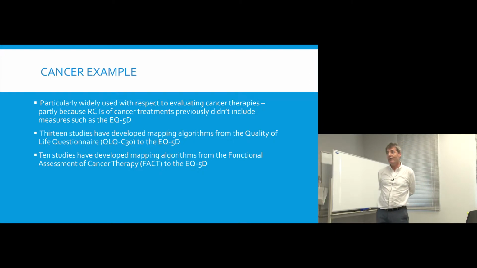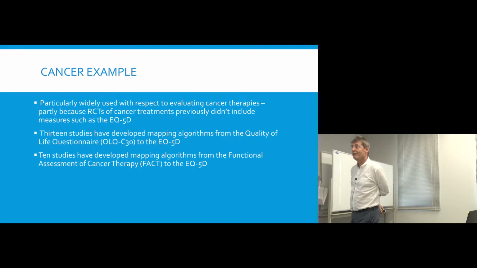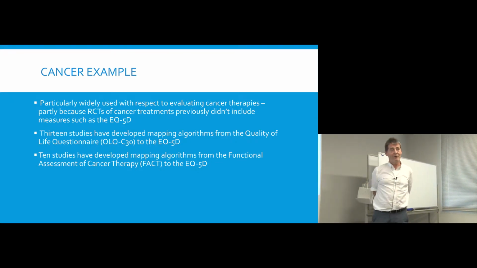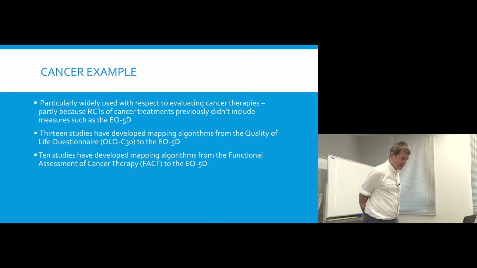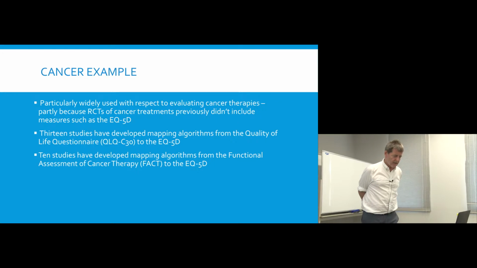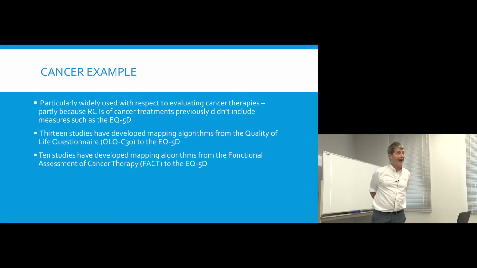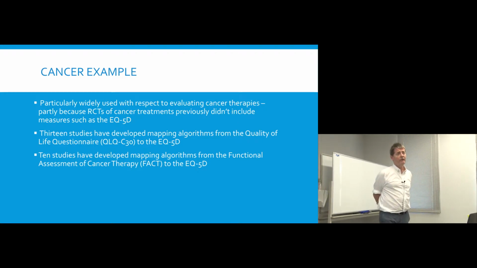But no fewer than 13 different studies have developed mapping algorithms from a specific cancer measure, the QLQ-C30, Quality of Life Questionnaire C30, to the EQ5D. And another cancer measure is the FACT, or Functional Assessment of Cancer Therapy. And there's been 10 different studies, last time I looked, mapping from FACT measures to EQ5D. So it's been quite a cottage industry.